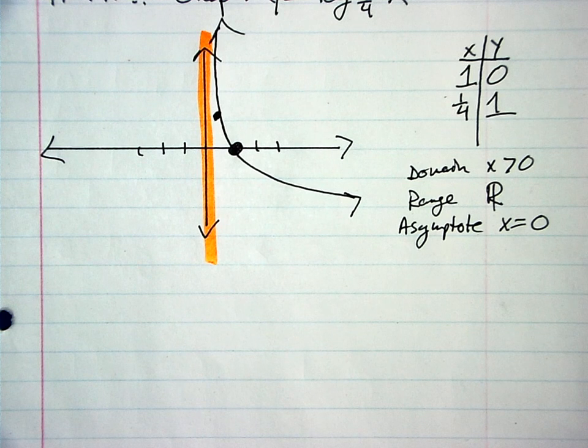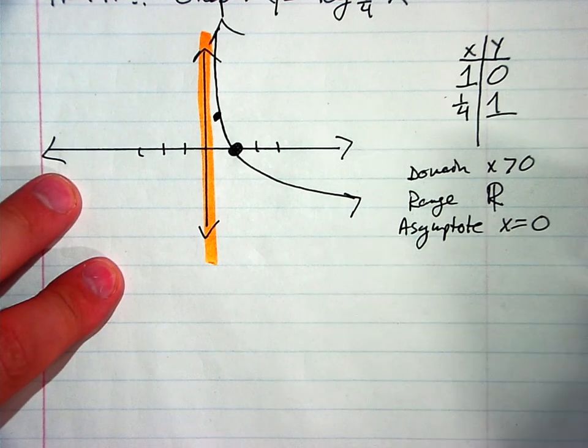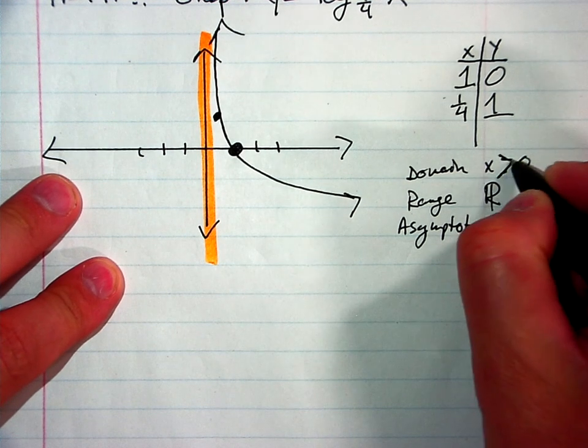On your homework, it asks what is the domain, the range, and the asymptote, and how it's moving. That one didn't move, so I didn't put anything. Domain is x is greater than 0.